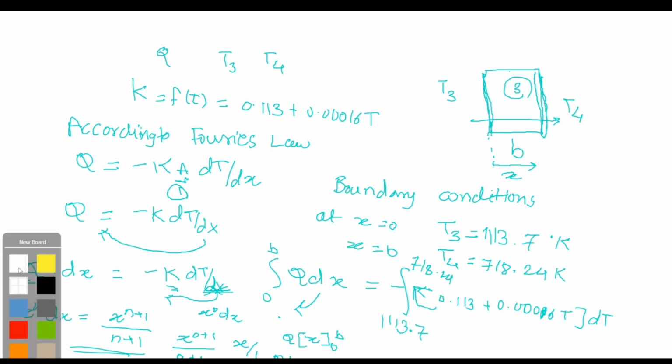Now we will integrate the right hand side. The right hand side is minus of the integration from 1113.7 to 718.24 of (0.113 plus 0.00016 T) into dT.